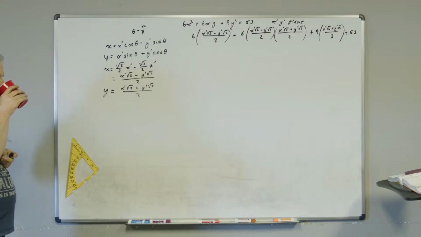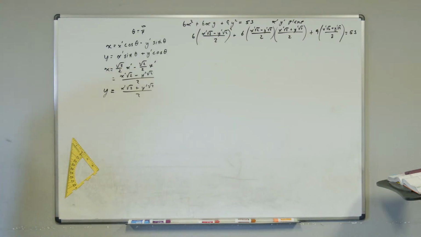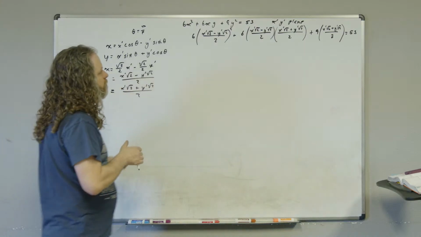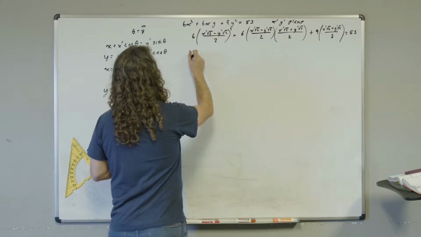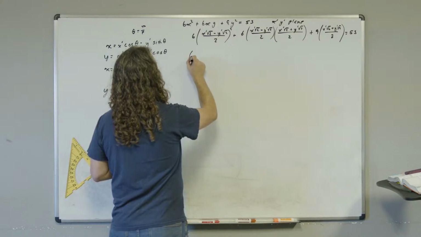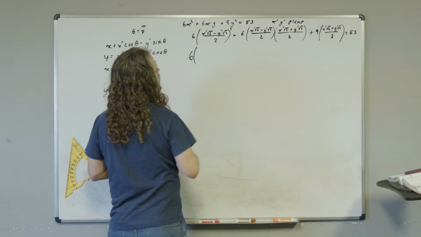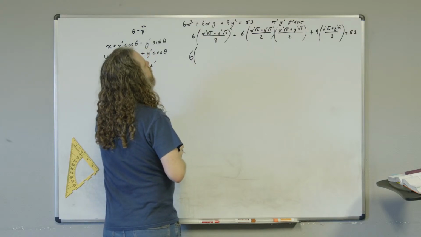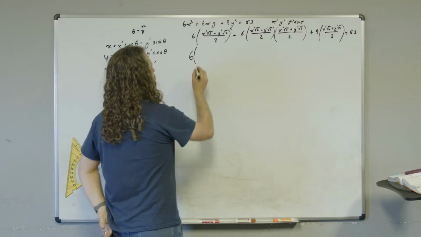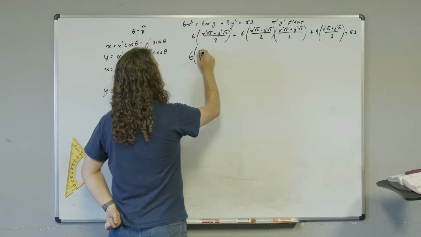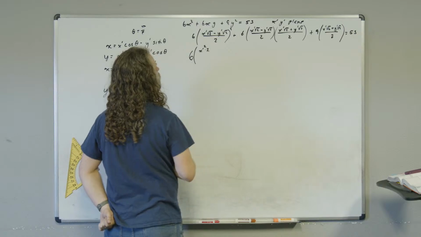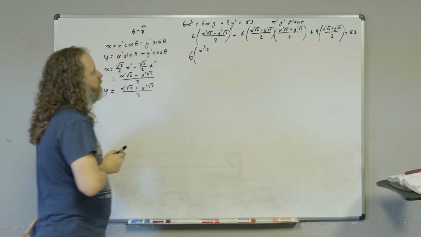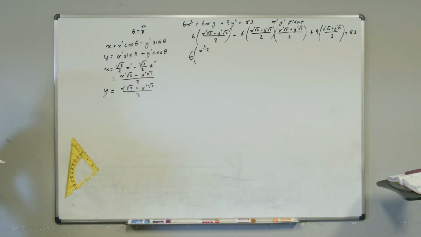So, on the first term, we use the binomial square theorem. Square the first: x prime square root of 2 squared is x prime squared times 2, because square root of 2 squared is 2.